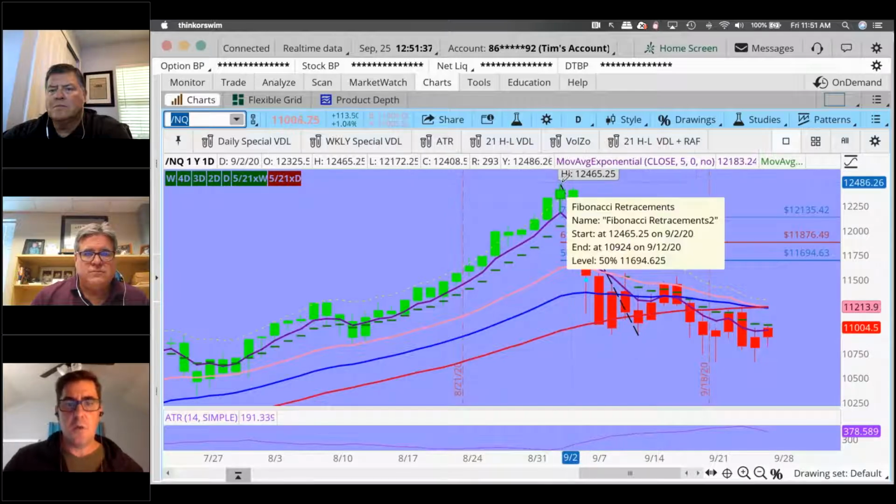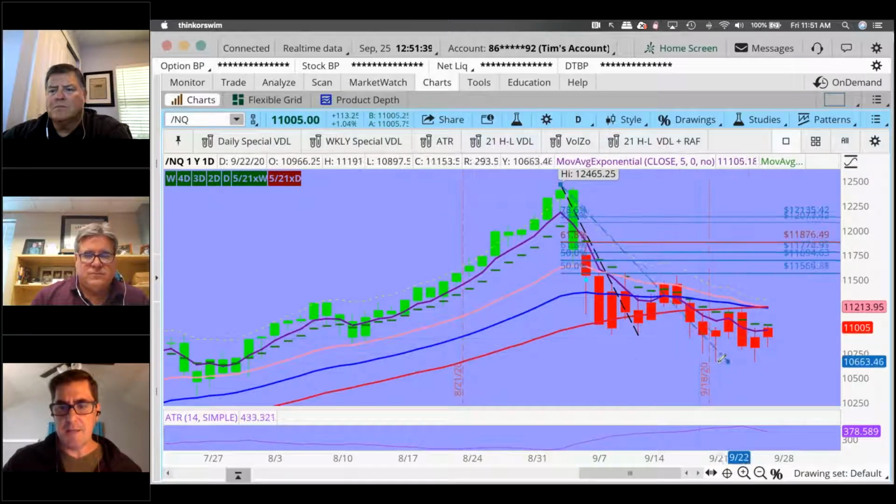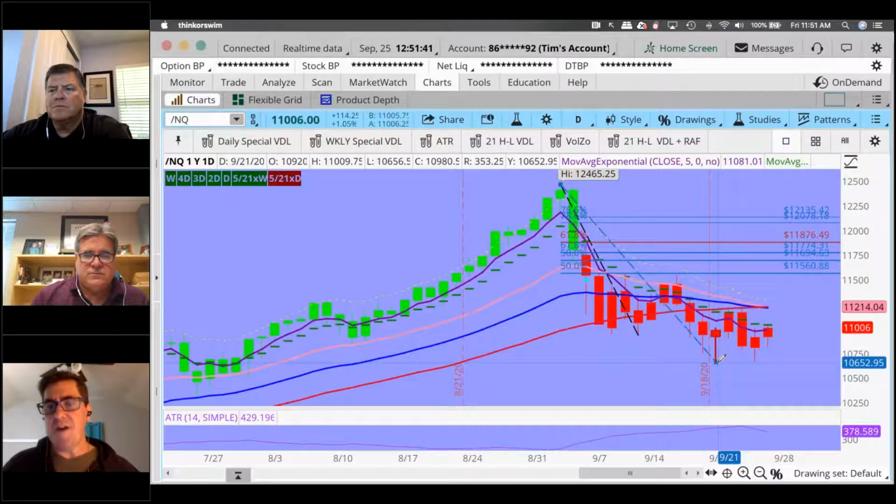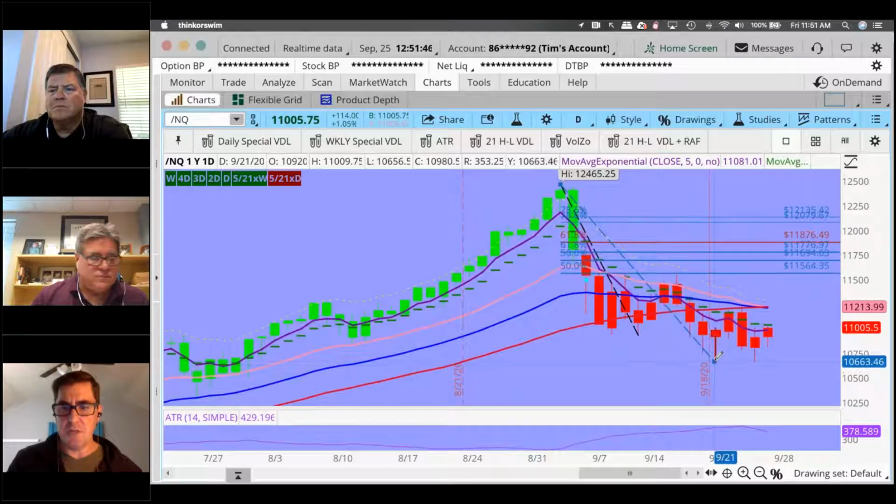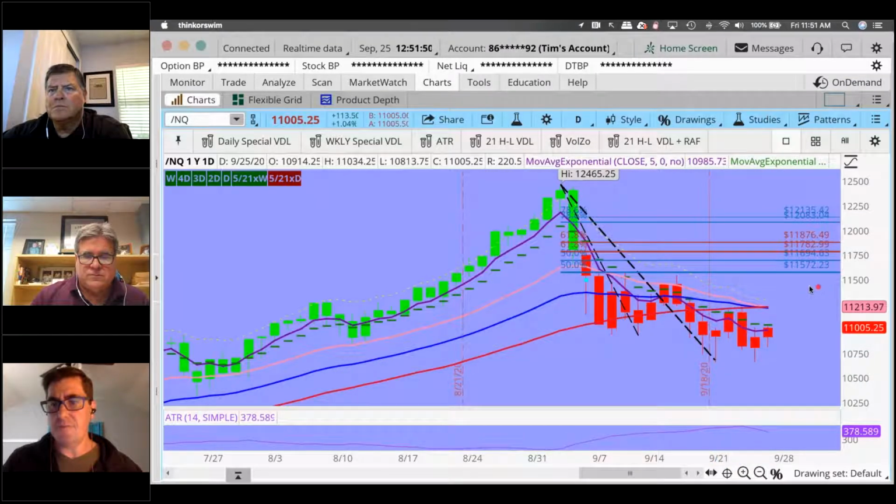When I'm looking at the high to the low, 11,560. Here, let me just tap that out there. See if I can get it to freeze. So I'm looking for a move between 11,400 and 11,550. It's a zone. So I'm looking for somewhere in here.